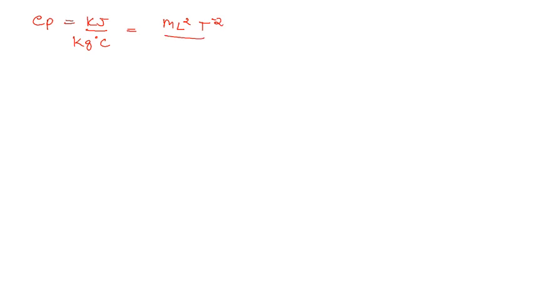Kg we know is M, and this is theta. On simplification, the M gets cancelled, and we get L to the power 2 T to the power minus 2 theta to the power minus 1. So these are the basic things required for any derivation, whether it is free convection or forced convection.